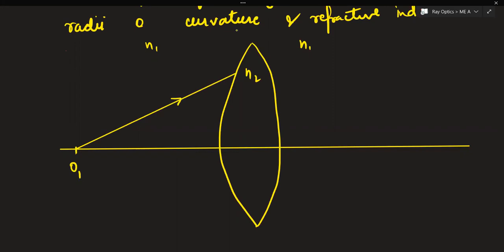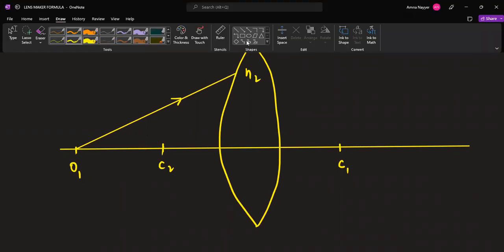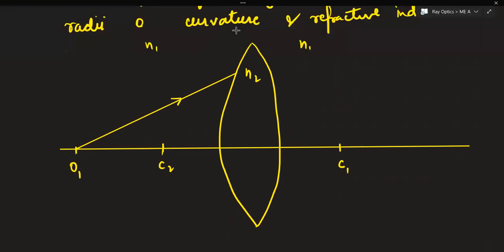Now, what did I tell you? How to draw the normal? By dropping the line through the center of curvature, that gives you the normal to the curved surface. Because this is very difficult, no? How to draw the perpendicular on a curved surface.